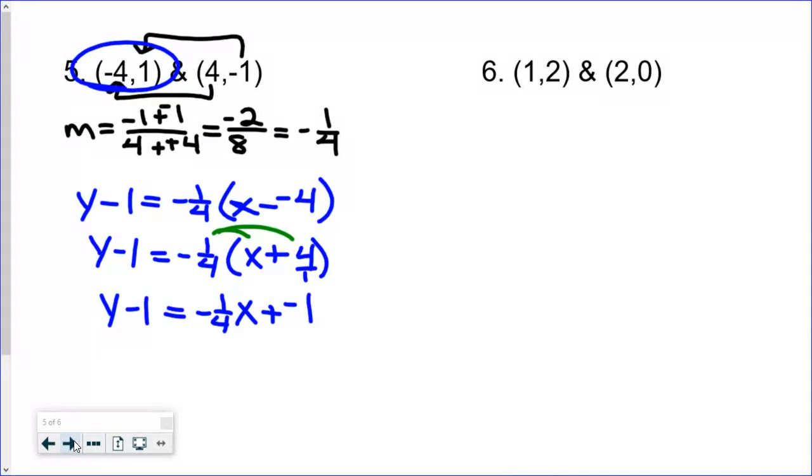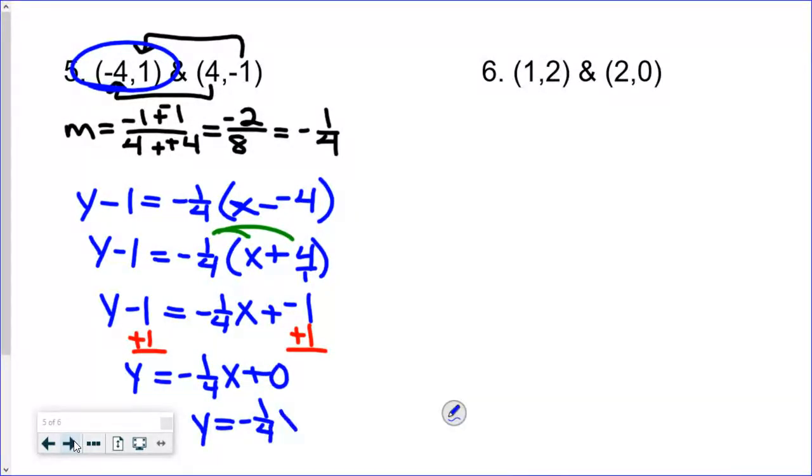You can use your fraction button in your calculator as well. Okay, I'm going to add 1 to both sides, and what you're going to notice is we have nothing there. So it's really the equation y equals negative 1/4 x. You can write plus 0 if you want. I'm not going to dock you for that.